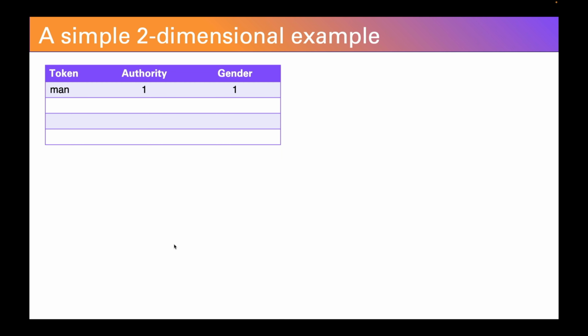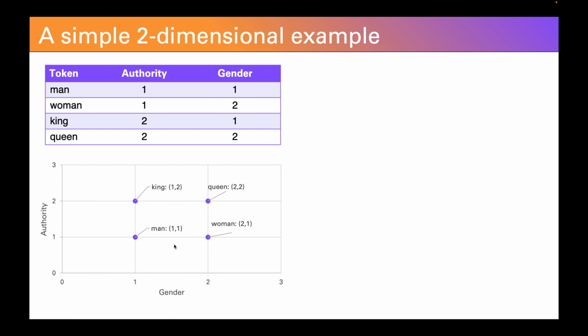So we'll assign for man authority of 1 and a gender of 1. For a woman, we'll assign authority of 1 and a gender of 2. For king, we'll give it more authority, so authority of 2 and a gender of 1. And then for queen, we'll give authority of 2 and a gender of 2. What we've basically done is created an embedding space of 2 dimensions, and we've embedded each of these tokens inside that space, as you can see here.